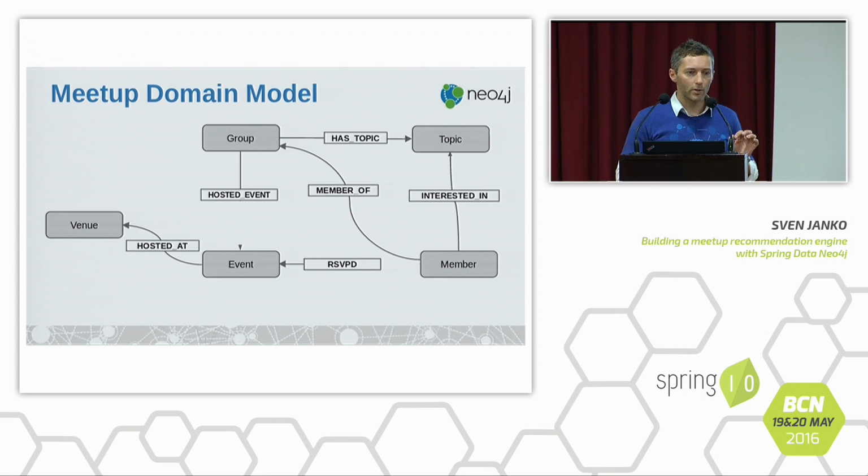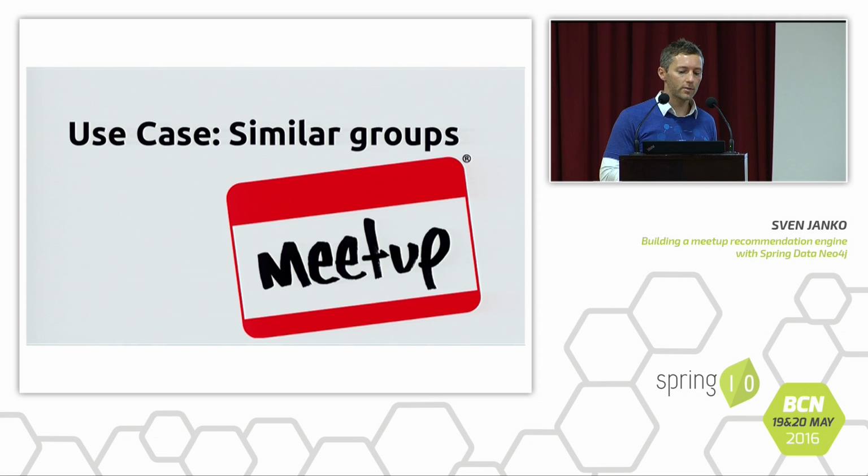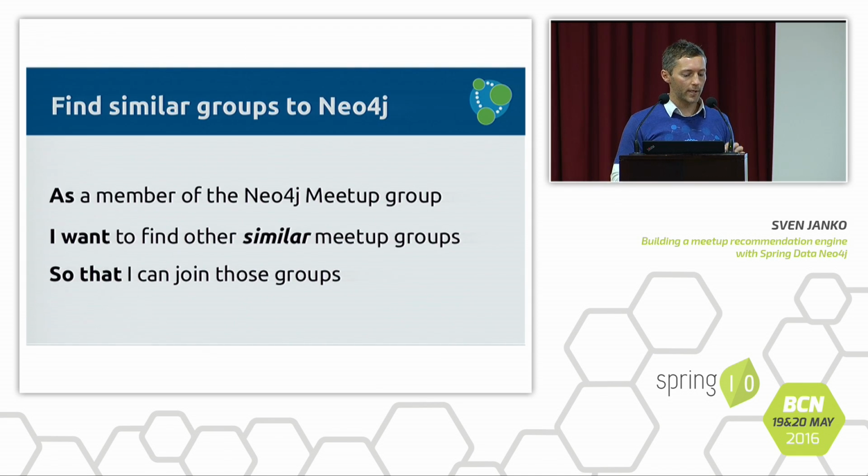And on that model, we now think about a use case we want to query, we want to have a recommendation for. So that's a very simple use case we will talk about. That's about similar groups. So the use case is, as a member of a Neo4j meetup group, I want to find similar meetup groups so that I can join these groups. So what we now need to think about is what makes up similar.